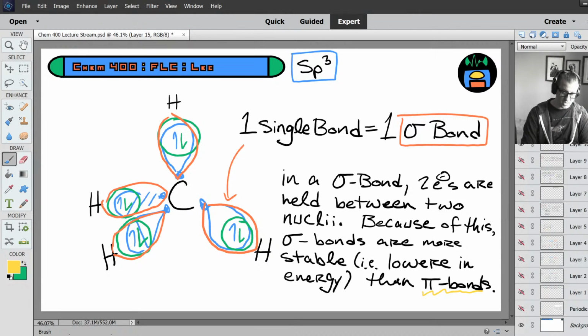But I'm looking at the clock, and I don't believe we have time to wrap that up, or if we do, it'd be rushed, and I'd rather take our time with this because this stuff is important. So we're going to go ahead and put a pin in lecture there. We'll resume Wednesday with a discussion of sp2 hybridization and pi bonds.